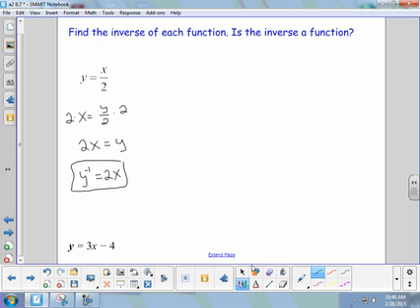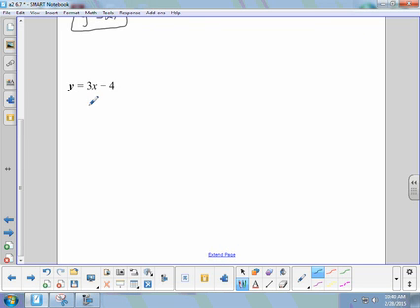Let's do another example. First step, switch my x's and my y's. Next step, I want to solve for y. So I'm going to add 4 to both sides. Then divide by 3.